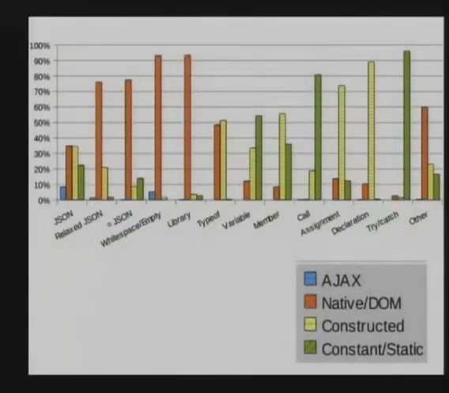Looking at this, we can see that all the JSON calls mostly come from native and DOM, and some are constructed, and that most of the assignment call declarations are either constants or constructed strings.